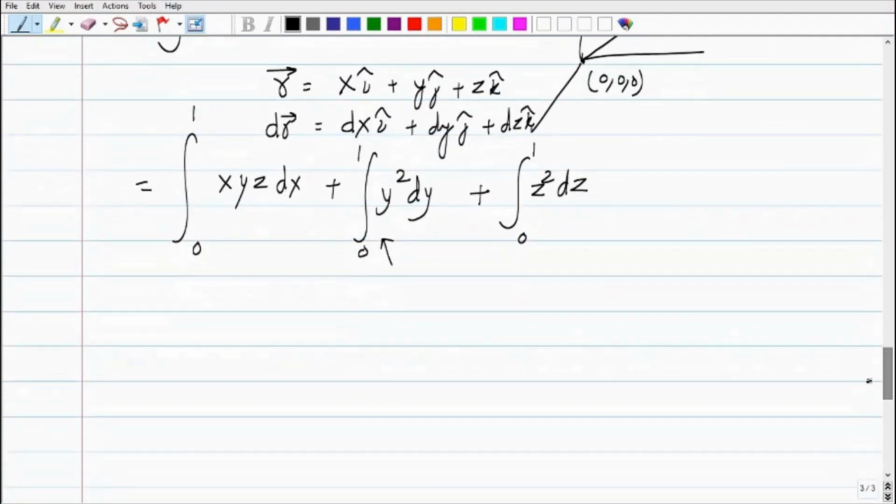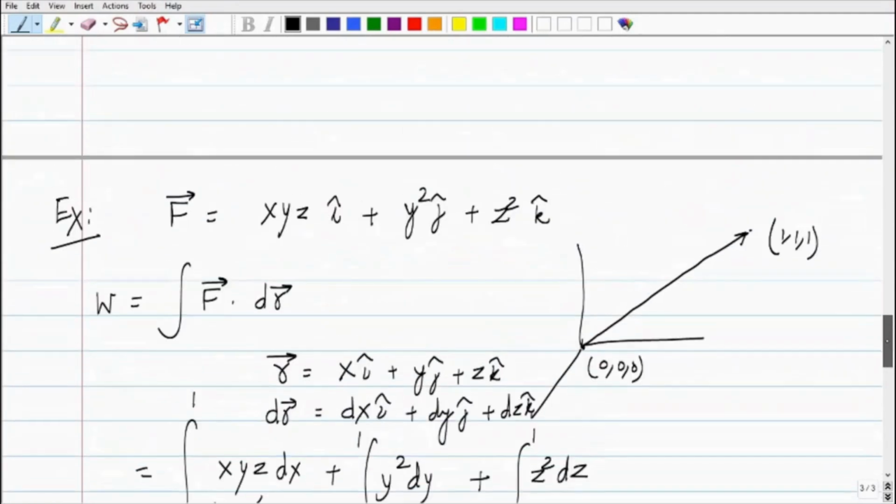But the tricky thing is, this integrand has also got y and z. So we have to think of how to write y and z in terms of x along the given path.